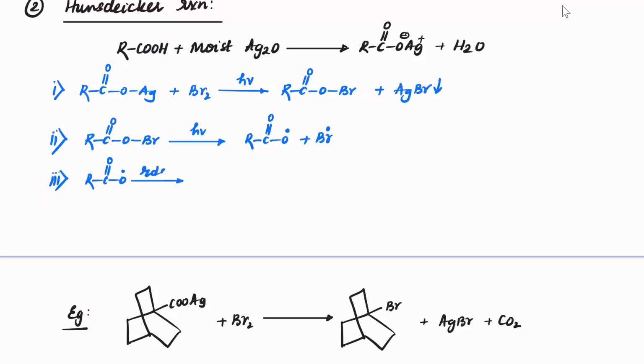That is the rate determining step, which will convert into R dot and CO2. And now this R dot will again react with Br2 to propagate into RBr plus Br dot. So that's how you will get alkyl halide.